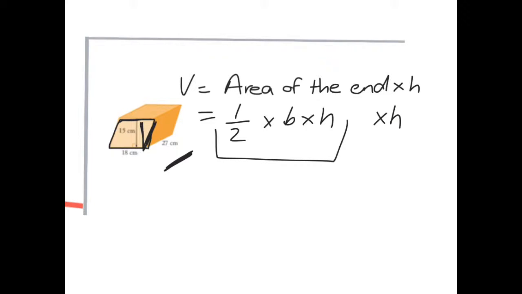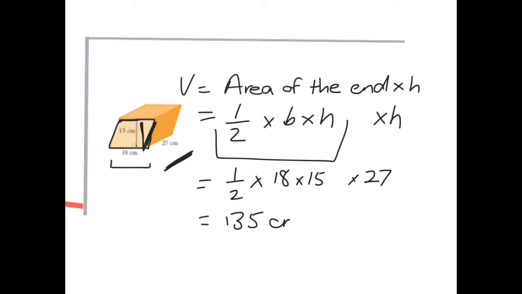So it sort of looks more like a length here. If we then substitute in the values, we're going to get a half times 18, that's the base, and the height is 15, and then we can multiply that by the height of the object, or the length of the object, which is 27. And so we get a final answer of 135 centimetres cubed.